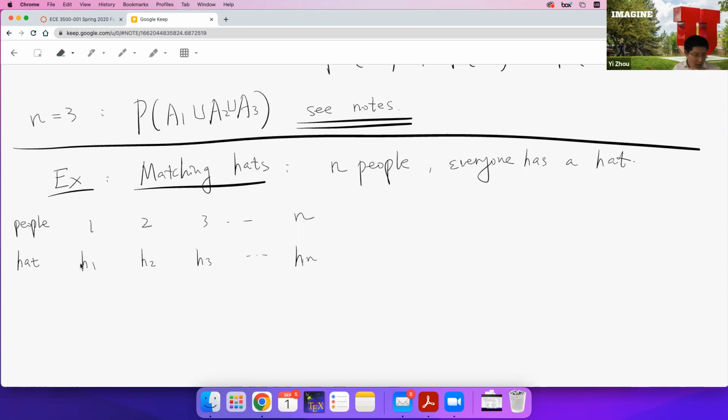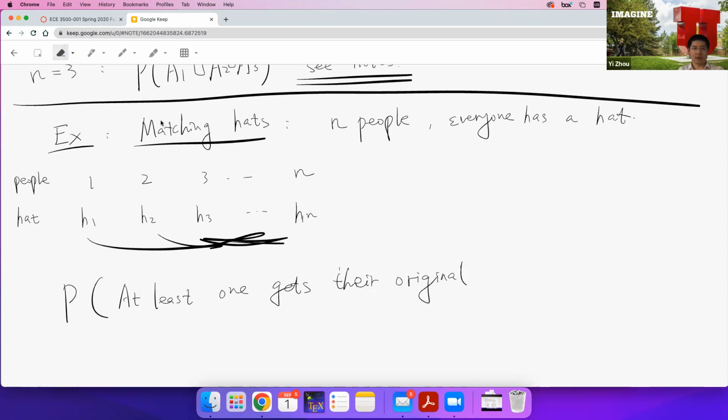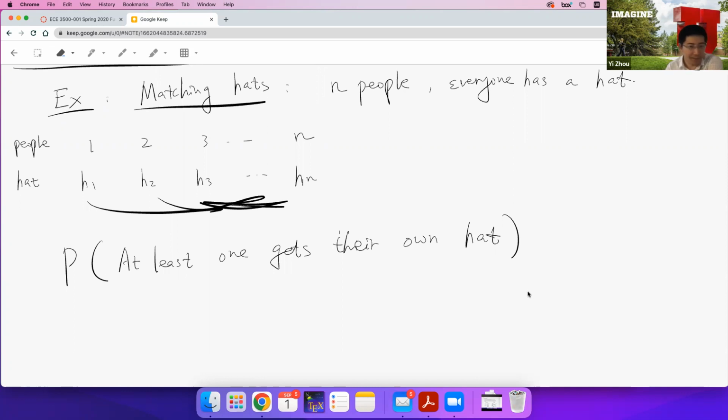Now the question is, what is the probability that at least one of the people gets his original hat? So this is an event, right?